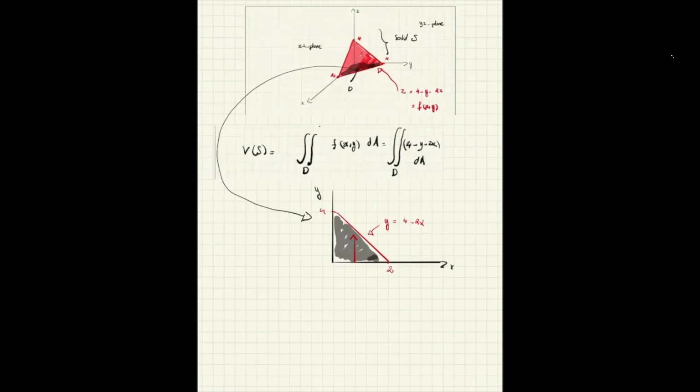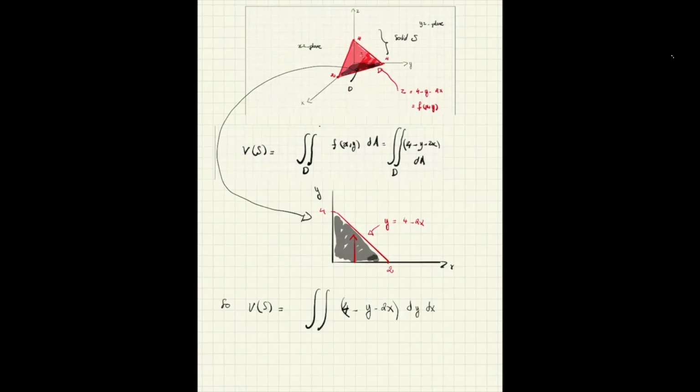So the volume of S is equal to the integral of 4 minus y minus 2x dy dx, right?